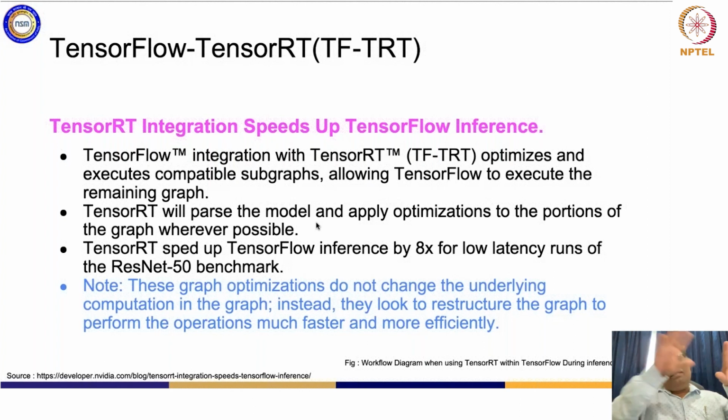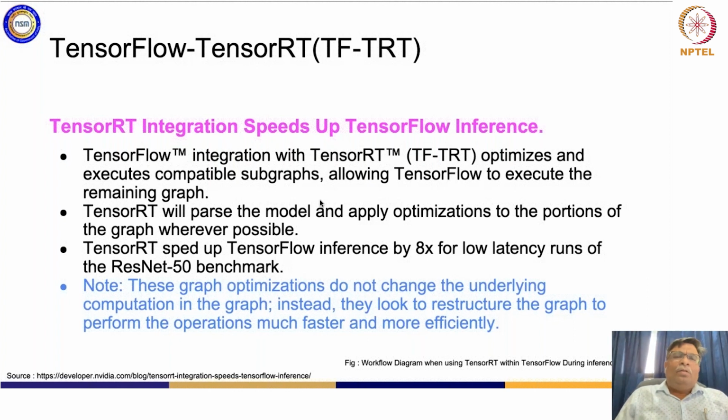then from TensorFlow. So now the idea is, let us say we have a TensorFlow program, and this TensorFlow program needs to be converted into a TensorRT program or a TRT program. TF-TRT is what we generally call it, so TensorFlow integration with TensorRT.